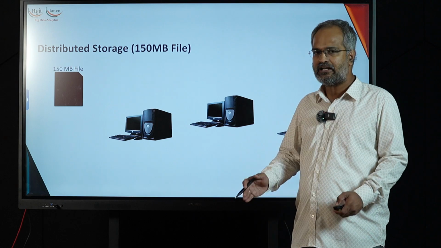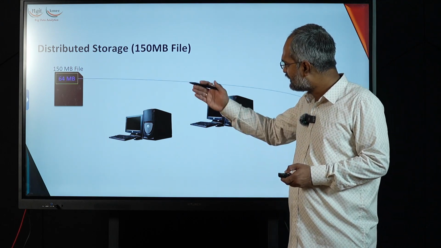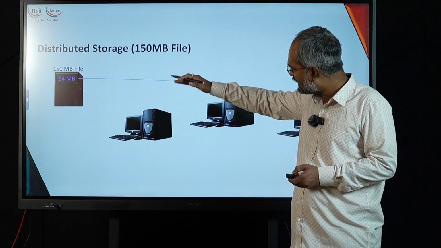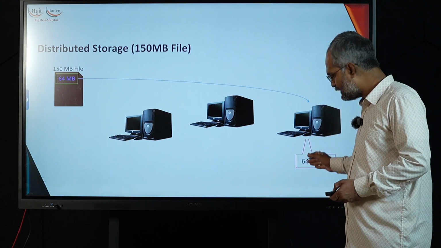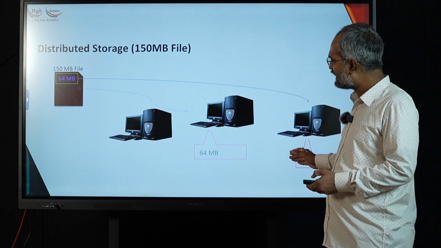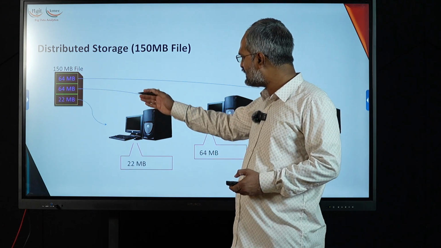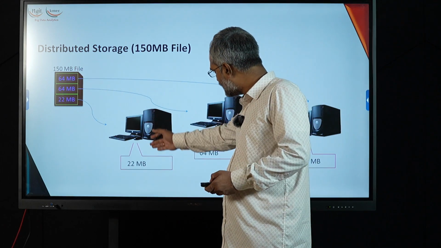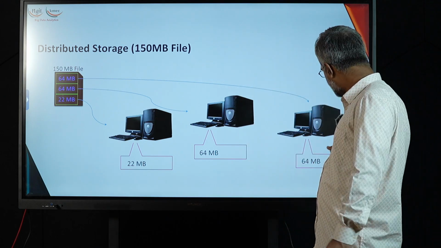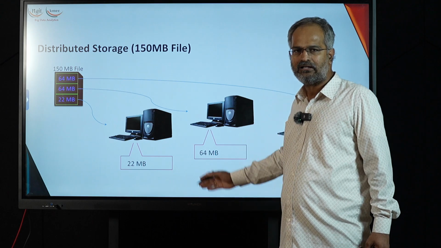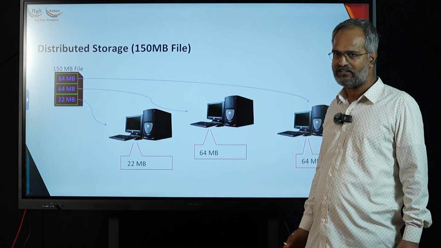That can be divided into several parts. We can divide the 150 MB data into 64 MB as the first block, and that can be stored in one machine, and the next 64 MB can be stored in another machine, and the remaining 22 MB can be stored in another machine. So that 150 MB file is distributed over the available machines. So this is the distributed storage.